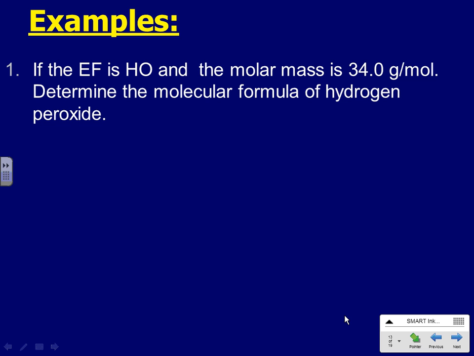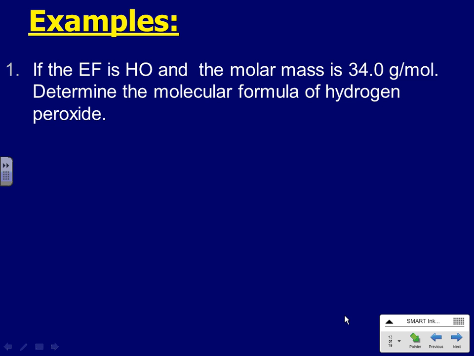Now, this first example is the easiest of easiest examples when it comes to determining molecular formula. In an overall molecular formula problem, we would go through an empirical formula problem, use the percentages, convert them to grams, convert them to moles, divide by the smallest number, remember all that good stuff?